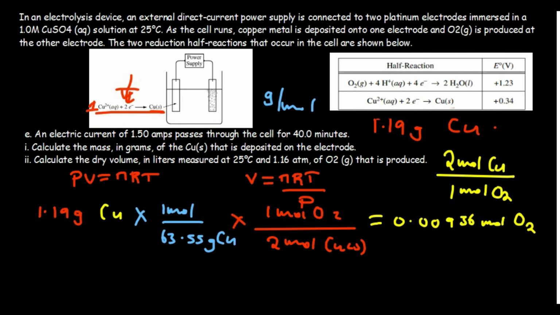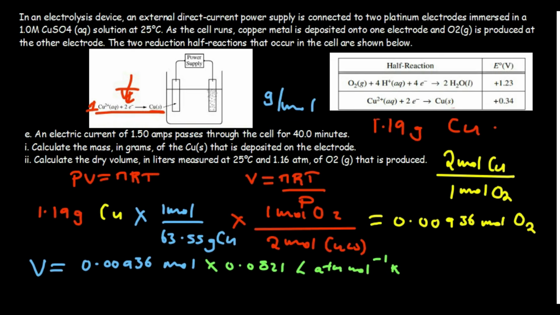Okay. We can now use our equation since every value is available. So our volume is equal to nRT, where n is denoting the number of moles, which we've calculated to be 0.00936 moles. The gas constant is 0.0821 liter atm per mole per Kelvin. So the 25 degrees Celsius that we have, in our formulas we use Kelvin.